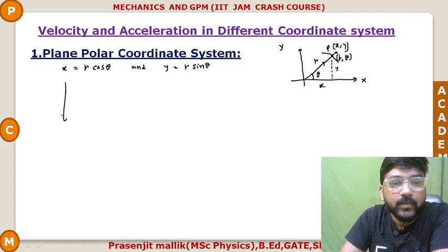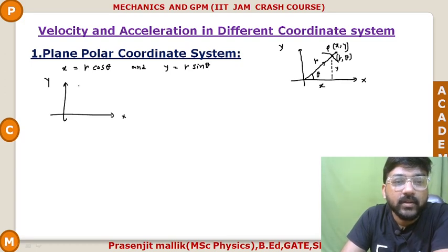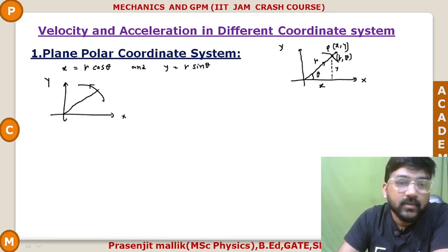Suppose this is our x axis, this is the y axis, and the particle is moving along this direction. If this is the position P at any time, and this is r, then the increasing direction of r is r cap, and the increasing direction of theta is theta cap.